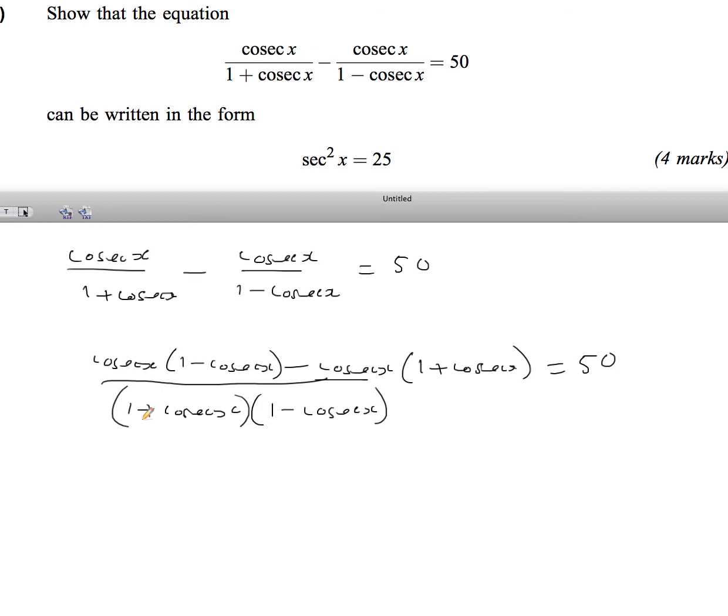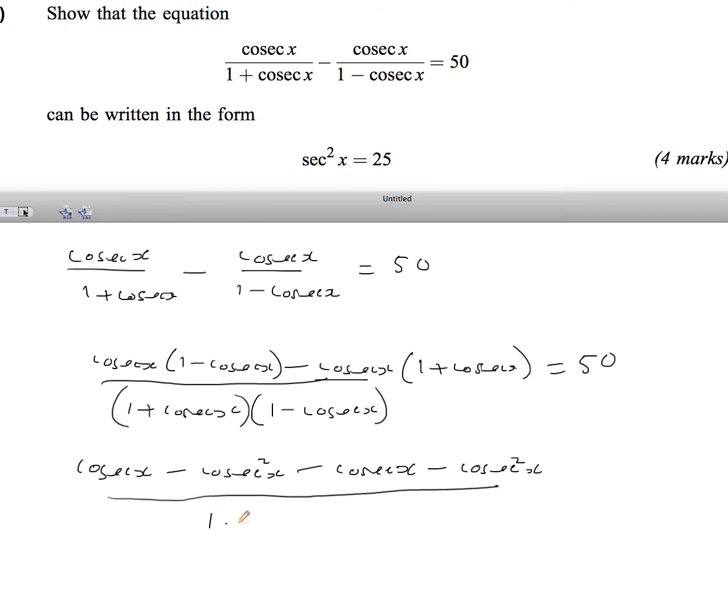On the top bracket, we'll write it out. So we're going to have cosec x minus cosec squared x minus cosec x minus cosec squared x, all over 1 minus cosec squared x, and that lot will equal 50.